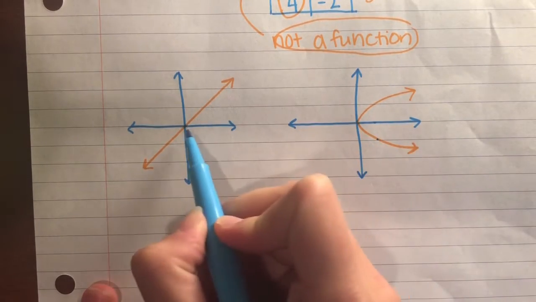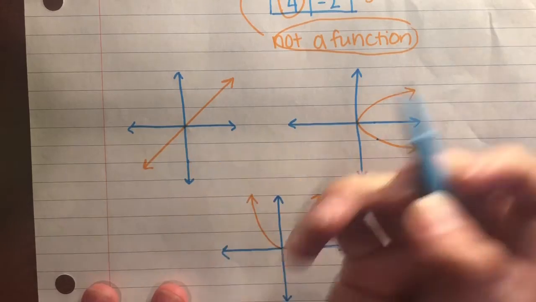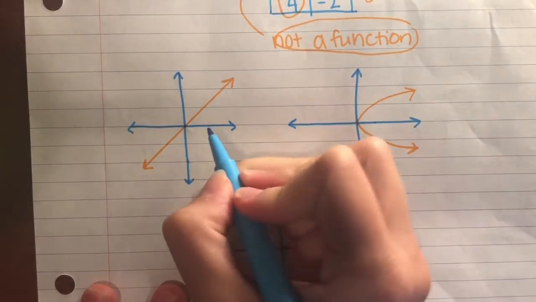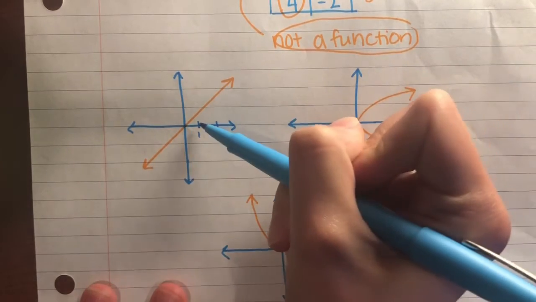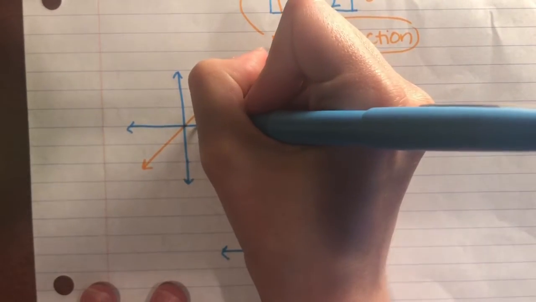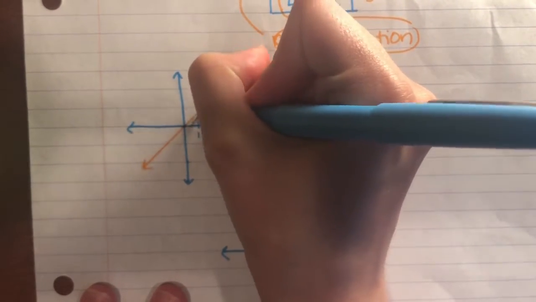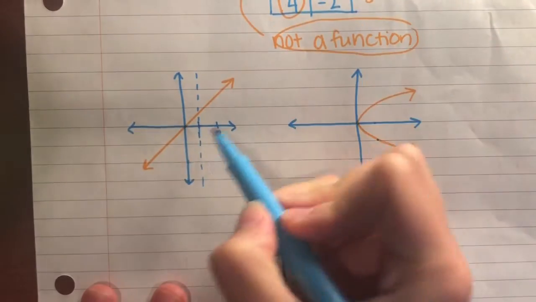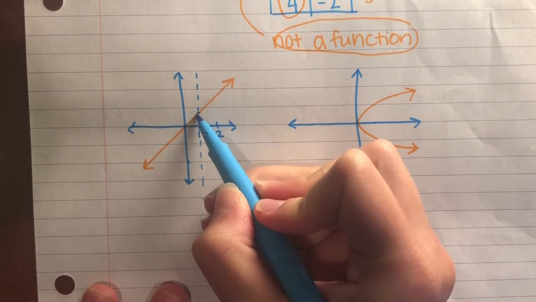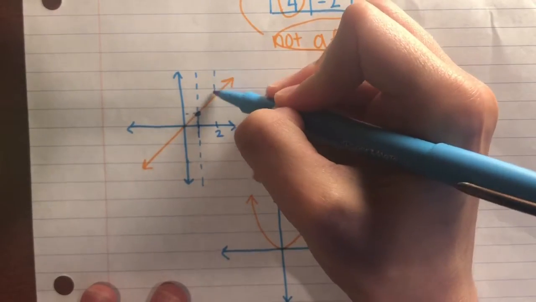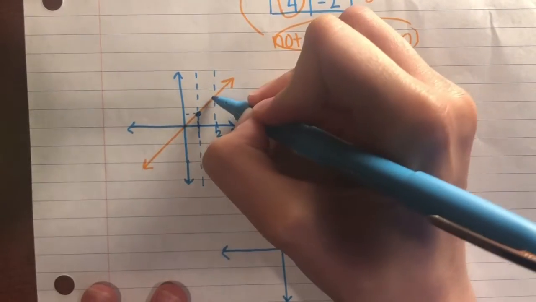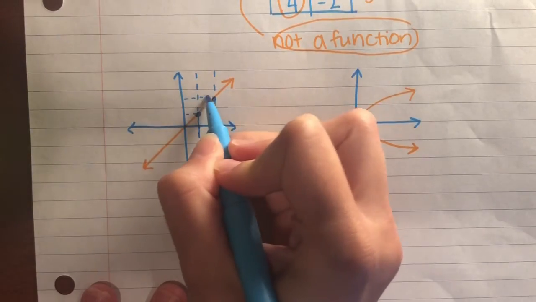So if we go along our x-axis here, and let's say this is 1. So x is 1. If we kind of draw a line up and down, we notice that for 1, there is exactly one y value. And when x is 2, notice that there is exactly one y value.